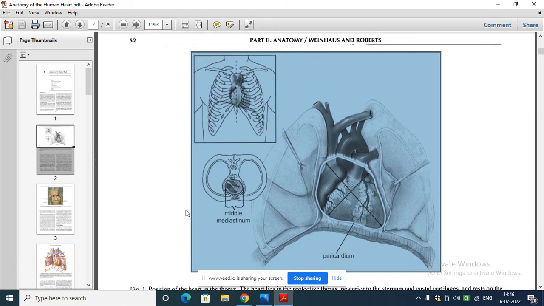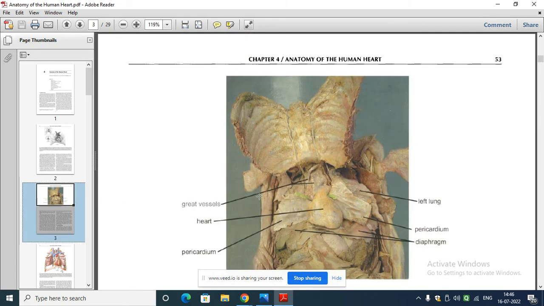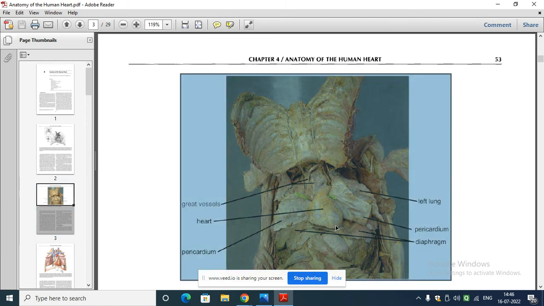Okay. Now next, here is the dead body of a human, and this is the heart. This is the apex. This is the heart and the pericardium, the side of the lung, and these are the two great vessels. Okay, the left lung.